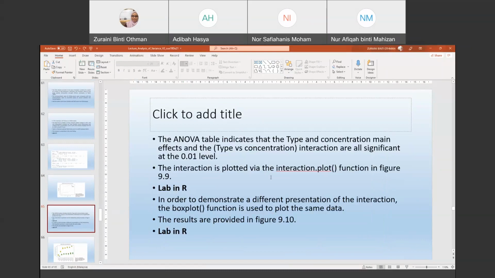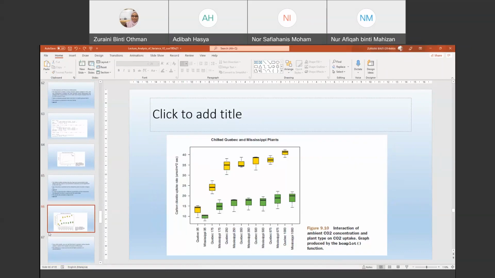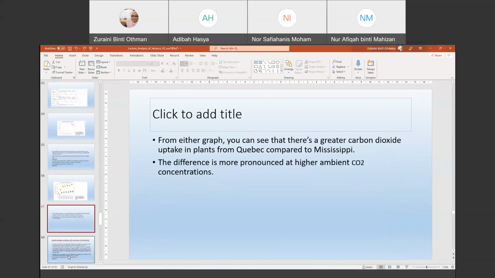And the ANOVA indicates, from the table, all the interactions are significant. The interaction plot that we plotted just now was the first graph, and the box plot was the second plot. And okay, from either graph you can see that there is greater carbon dioxide uptake for the Quebec compared to the Mississippi, and the difference is more pronounced at higher ambient concentration.